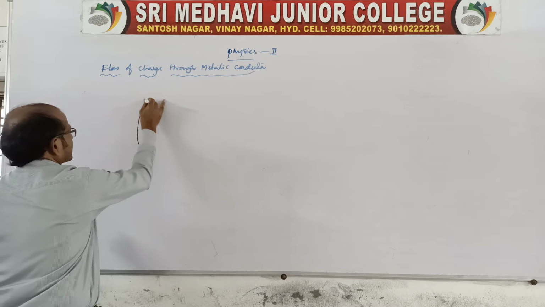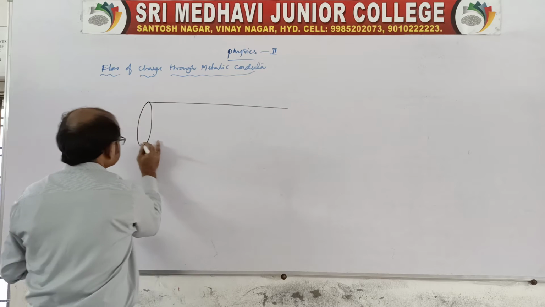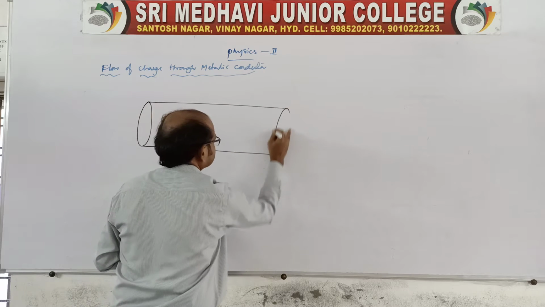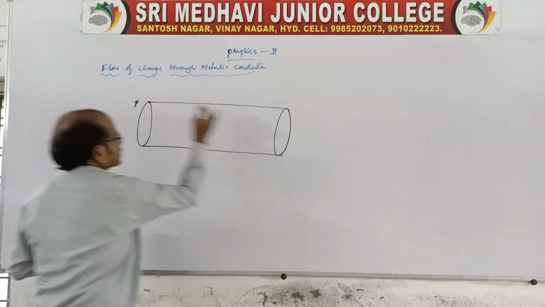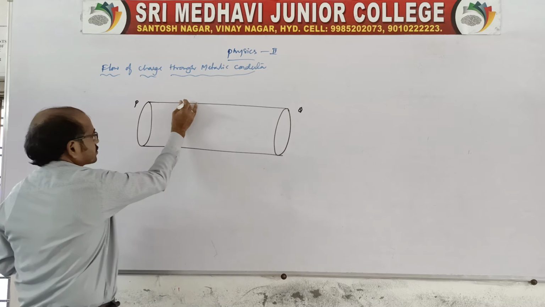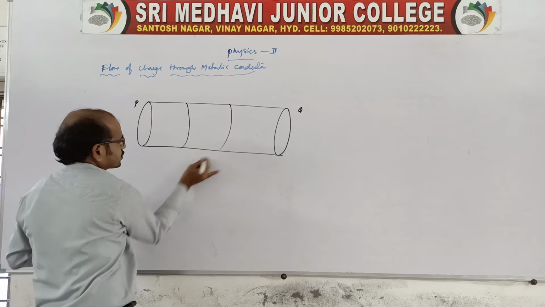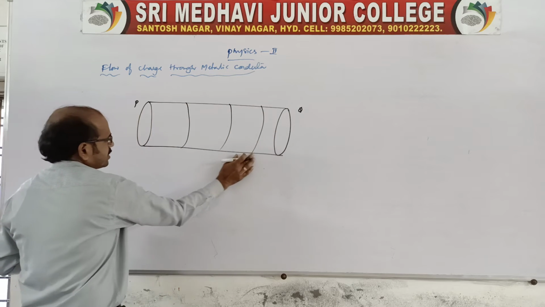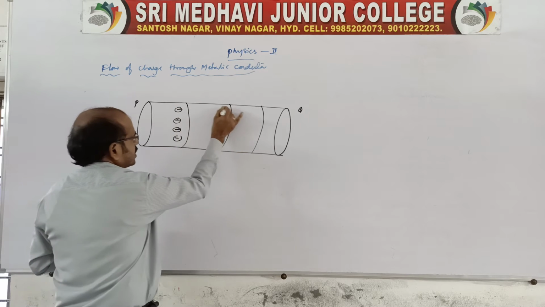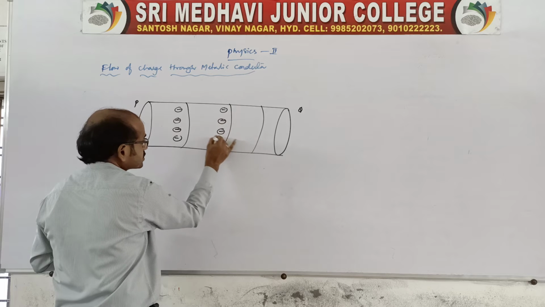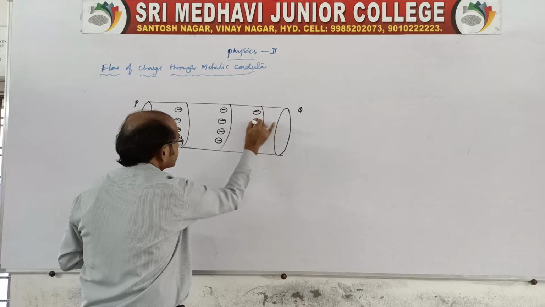Let us draw a diagram for the conductor. Clear? Here you say it is P and Q. There are a number of electrons available. In each area you draw like this: in this area there is one free electron, and in other areas also there will be a free electron, because each atom consists of one free electron.